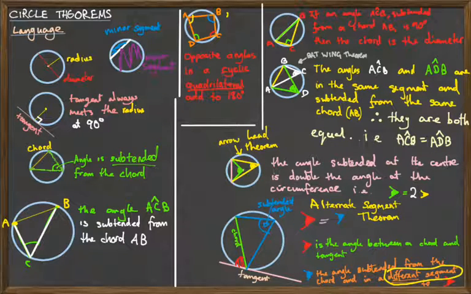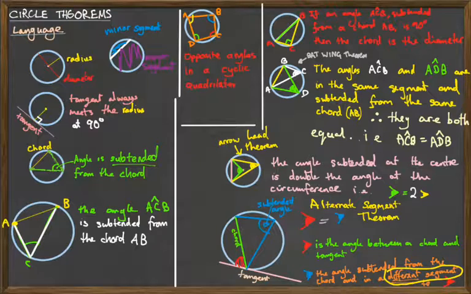Okay? A cyclic quadrilateral just means that the quadrilateral has been drawn with the points on the circumference of a circle. Now looking at the angles, that means the yellow angle plus the red angle, they're the opposite angles, they are equal to 180, and the blue angle plus the green angle are also equal to 180. Okay.